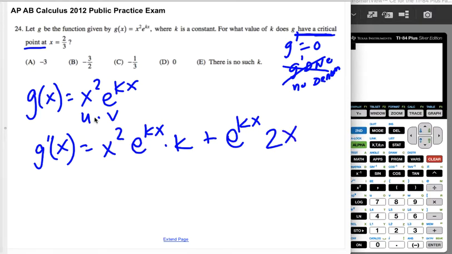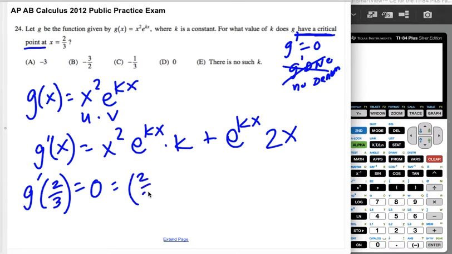So the trick is we want it to have a critical point at 2/3. So more specifically, not just is g prime equal to 0, we want g prime of 2/3 to equal 0. Well, if I plug in 2/3, that's going to be 2/3 squared e to the 2/3 k times a k, which we'll deal with in a sec, right?